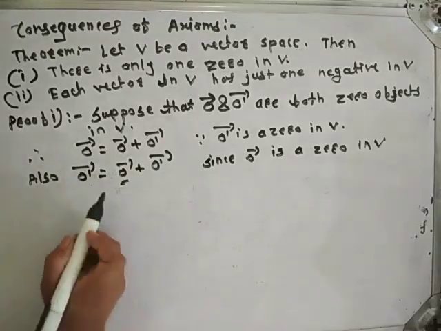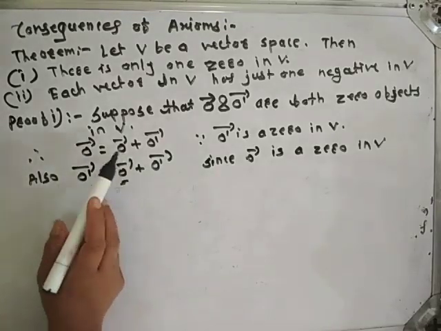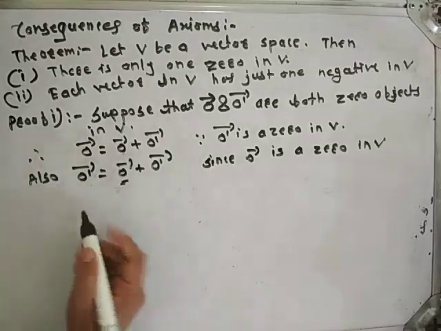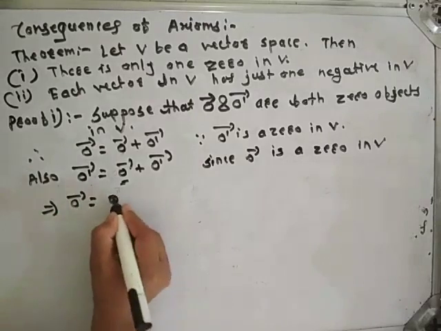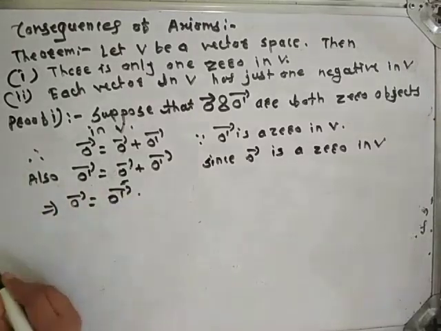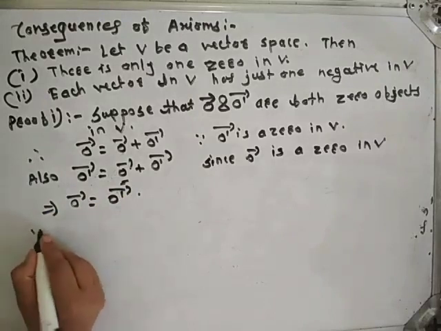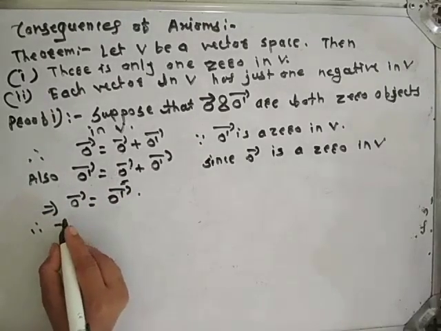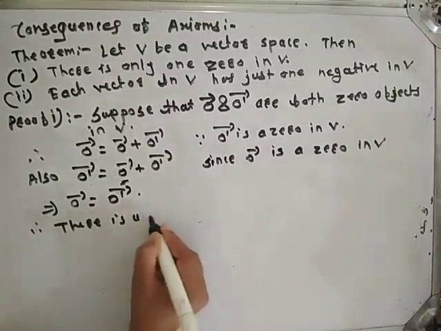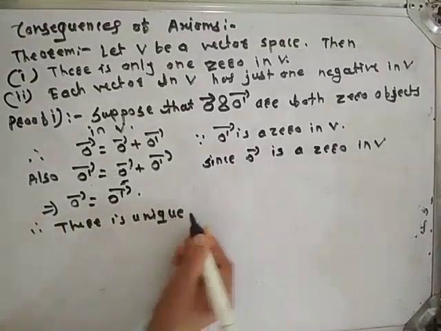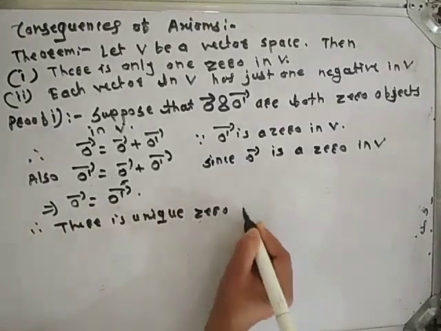Students, see here, the RHS of these two equations is the same. This implies 0 bar is nothing but 0 dash bar. Means there is only one 0 in V. Therefore, there is a unique 0 in V.